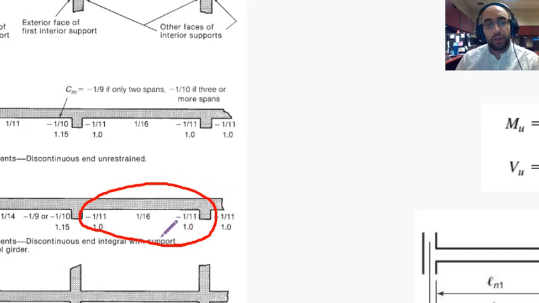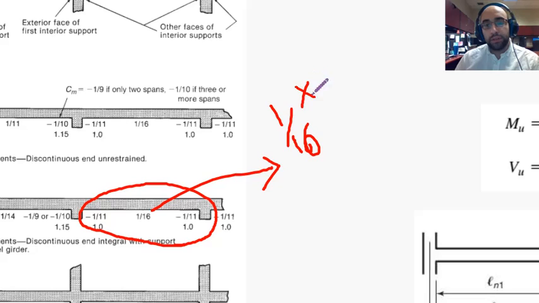And if you look at this situation over here, we are talking about this situation, right? So the maximum moment in the middle of the slab is equal to 1/16 multiplied by Wu ln squared, right? And then you can see the negative moment at the edges, minus 1/11. Those are the negative moments, and this is the positive moment.